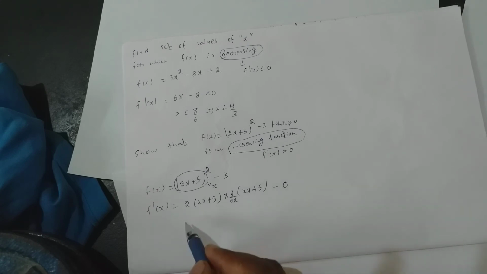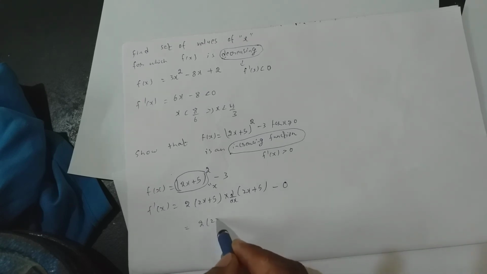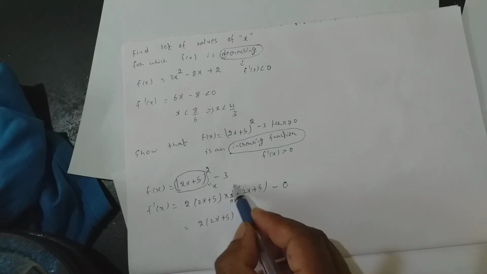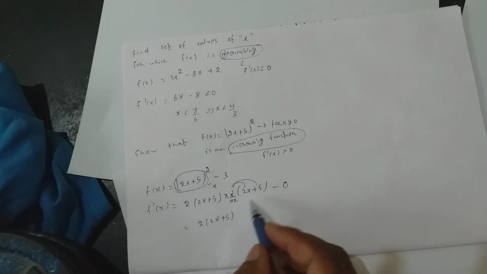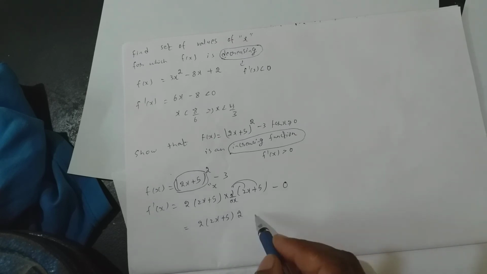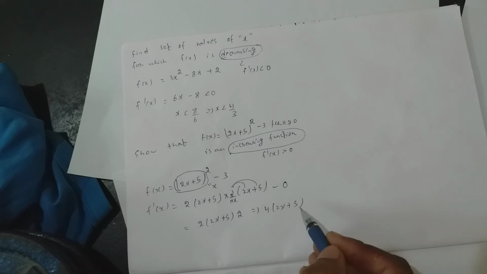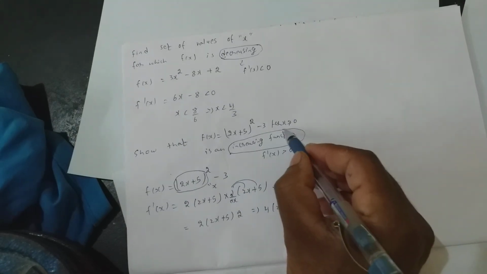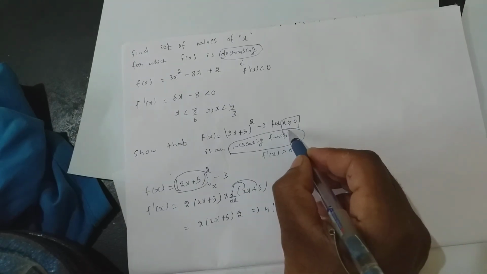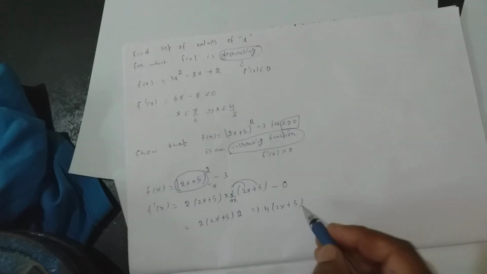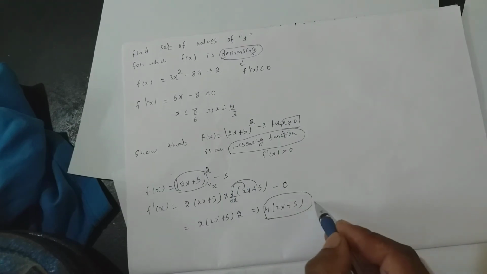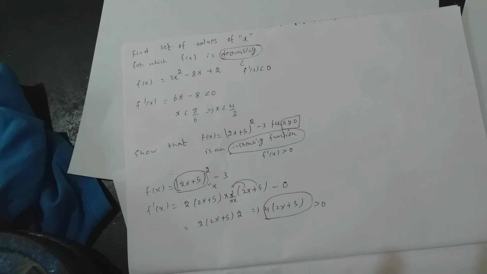Clear enough? Yeah, next it is 2 into 2x plus 5 into, this gets applied to each of it. So how much will I get? For 2x it is 2 and for 5 it is 0. So now it is 4 times of 2x plus 5. What is given? x is always greater than 0, greater than or equal to 0. So whenever x is greater than 0, this will always be a positive number.